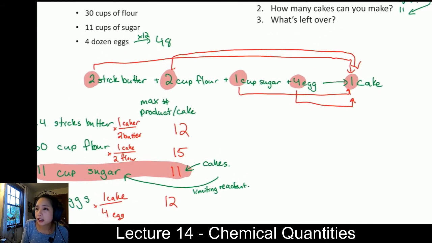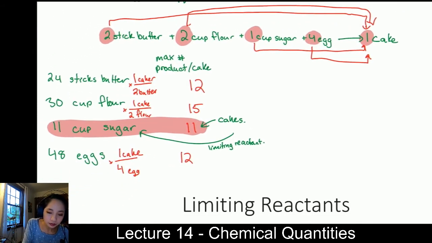And then finally, what is left over? Butter, flour, and eggs will all be left over. We can calculate how much will be left over. We determine how much of each ingredient is needed to make 11 cakes.